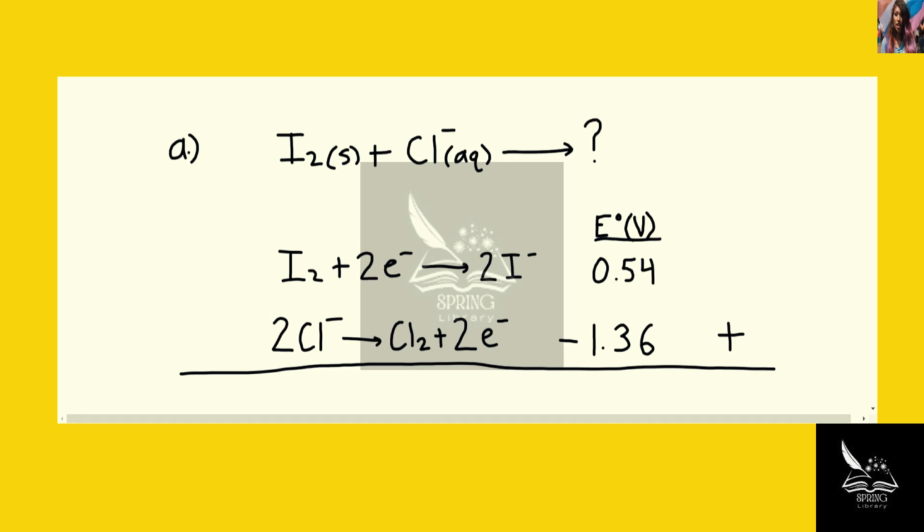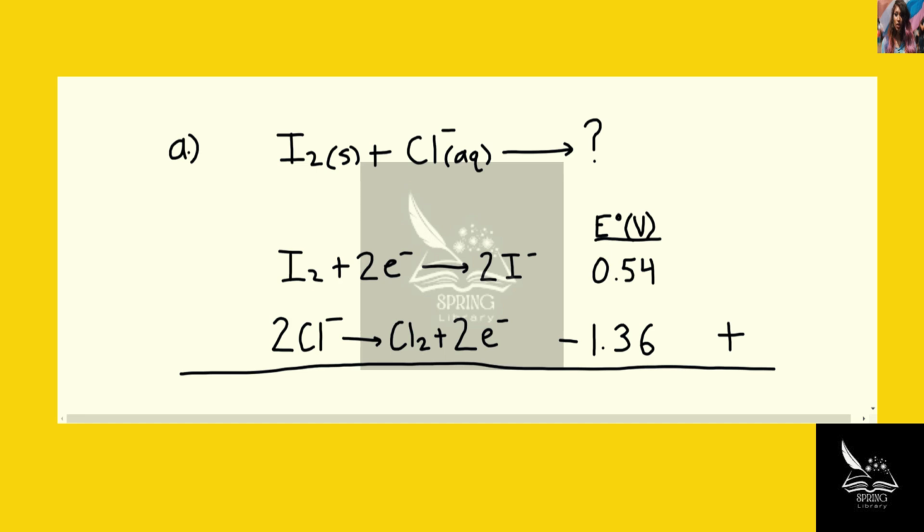So in part A, we have I2 crystals being added to a solution of NaCl. I2 in the form of crystals must mean that it is a solid, and NaCl means that we have Cl minus ions in aqueous solution.